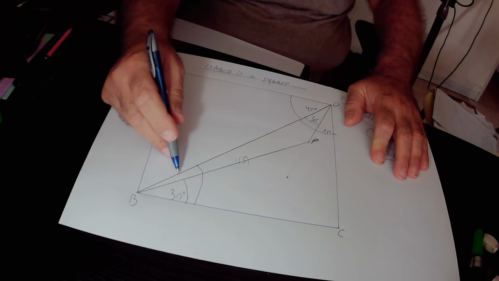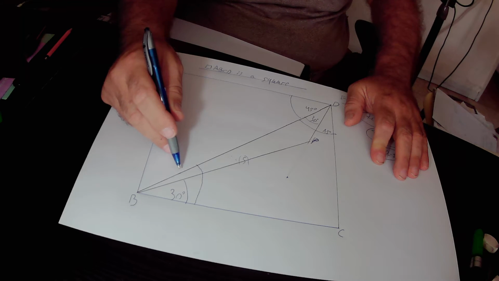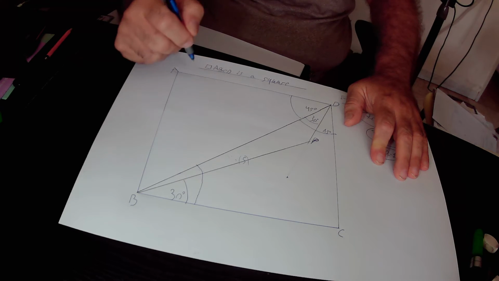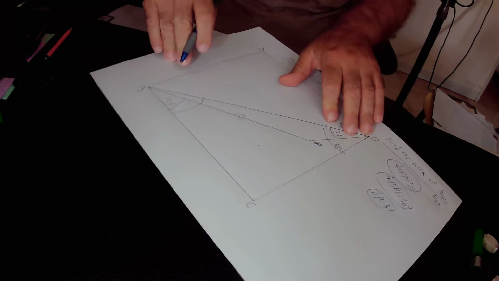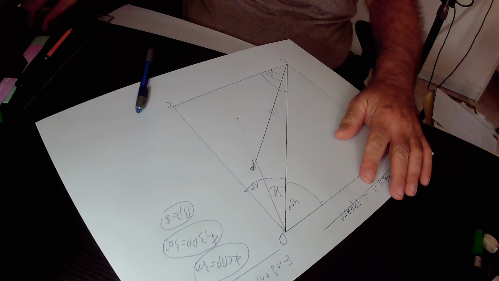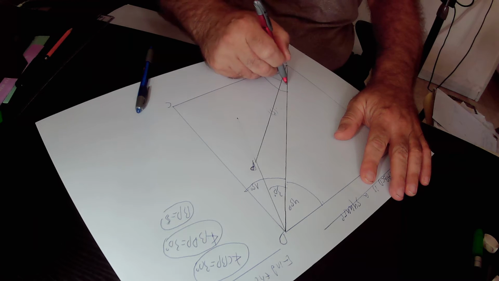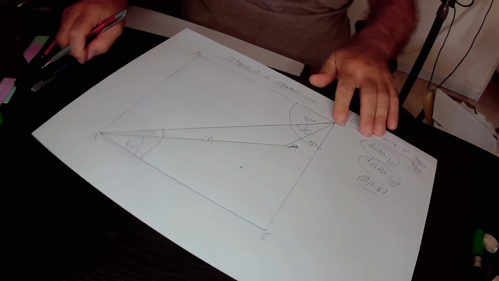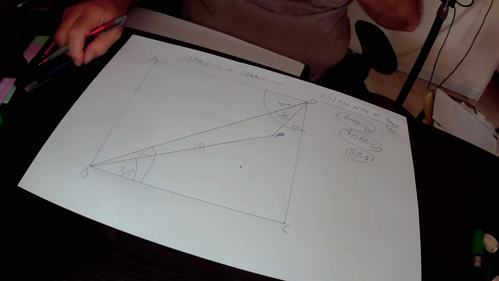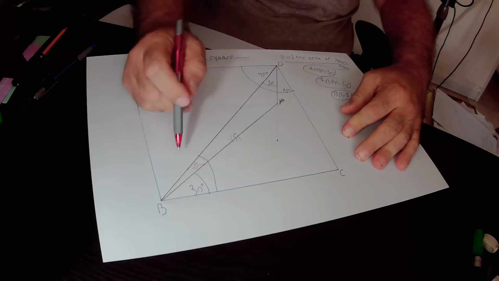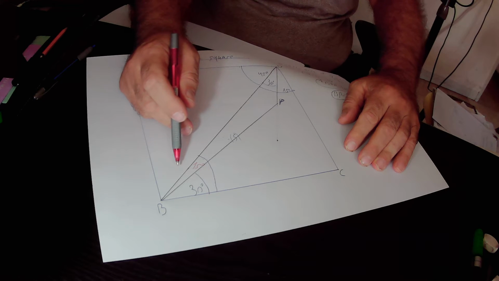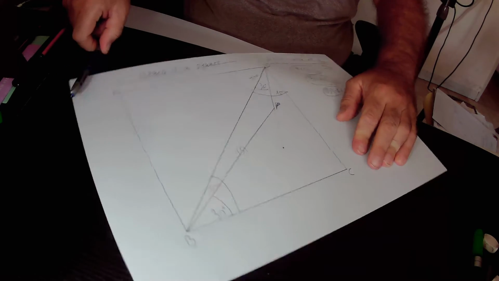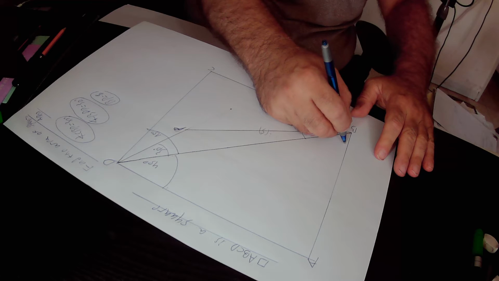So this missing angle must be equal to 15 degrees in its size, while 15 plus 30 degrees is 45 degrees. This is one half of angle ABC. So this angle must be equal to 15 degrees in its size. And this angle must also be equal to 45 degrees in its size, because the diagonal DB bisects angle ABC.